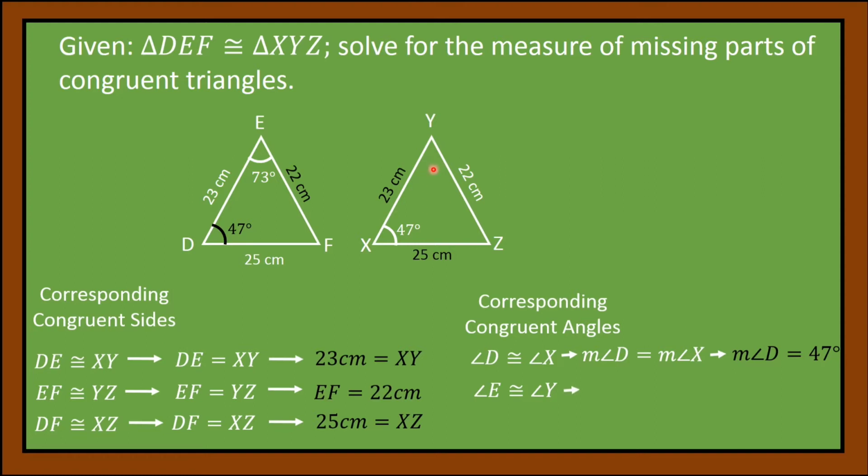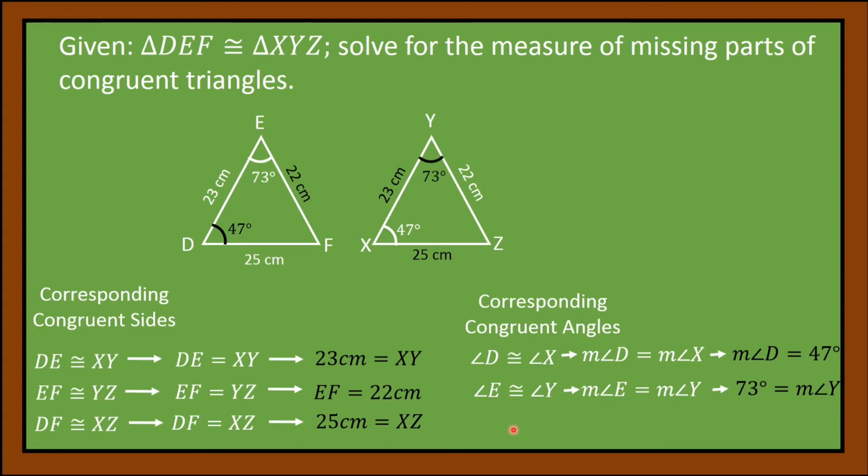Ibig sabihin, the measure of angle E is equal to the measure of angle Y. Kung ang angle E is equal to 73 degrees, it means that angle Y is also equal to 73 degrees since they are congruent.